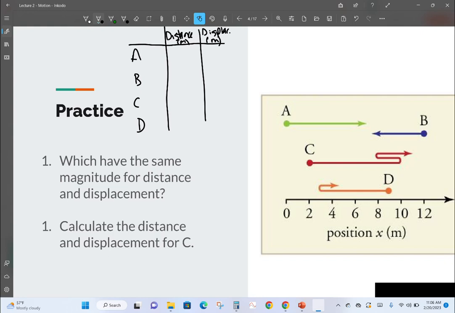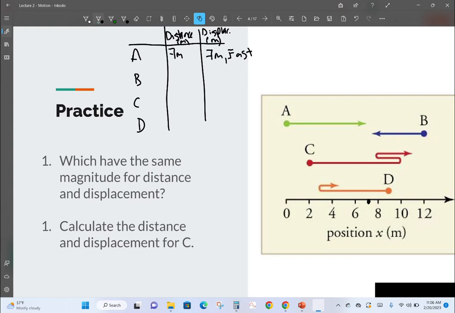So A started at 0 and it ended up at about, we'll just say, 7 meters. So its distance was 7 meters, but its displacement is 7 meters east of where it started.